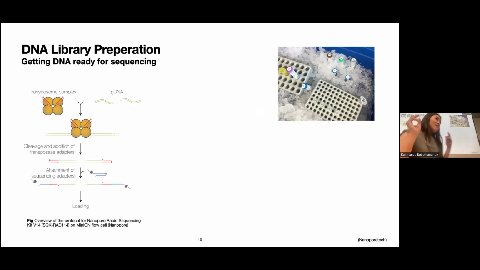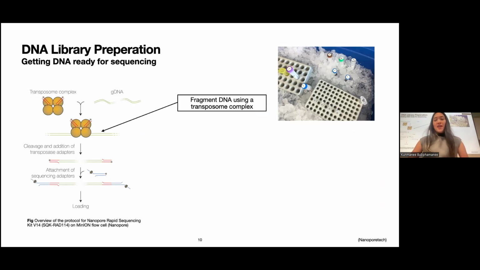The process is called library preparation. Basically, this is the overview protocol for nanopore sequencing. To prep the DNA, we have DNA in a tube, like a 1 milliliter tube. We add an enzyme called a transposase.